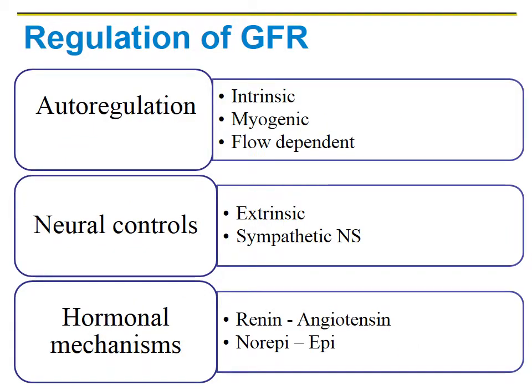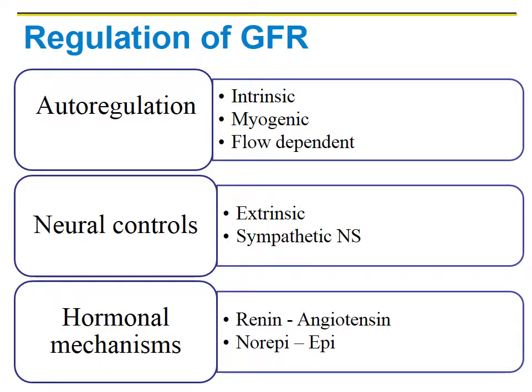Since controlling glomerular filtration rate is important, we have lots of options. Autoregulation. This is intrinsic control at the renal corpuscle structures. This includes myogenic and flow-dependent mechanisms. The nervous system. Extrinsic control using the sympathetic nervous system. And hormones.